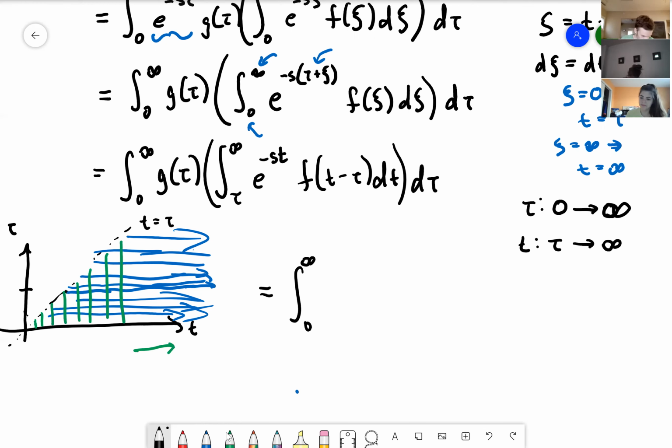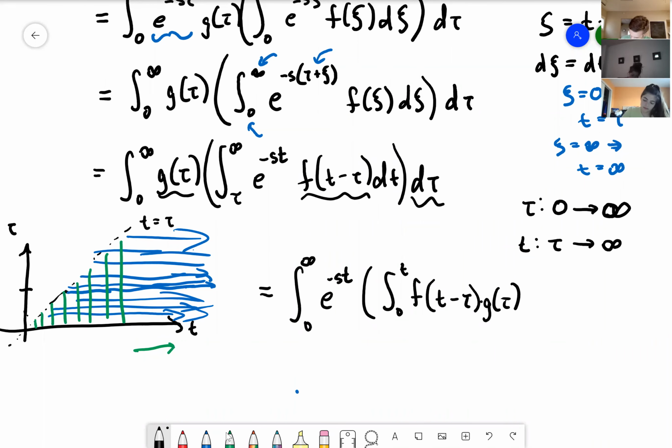Yeah, from 0 to infinity. Moving the stuff that depends on t outside of the integral for tau. It doesn't matter what tau is, e to the minus st. And then the integral in the tau direction from 0 to t, f of t minus tau, g of tau, and then finally d tau.